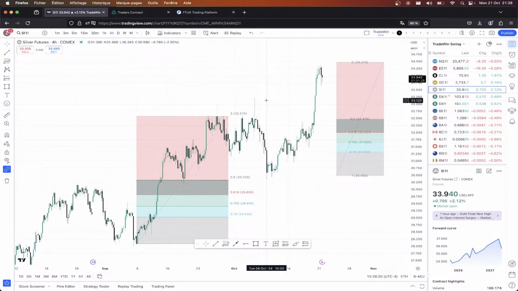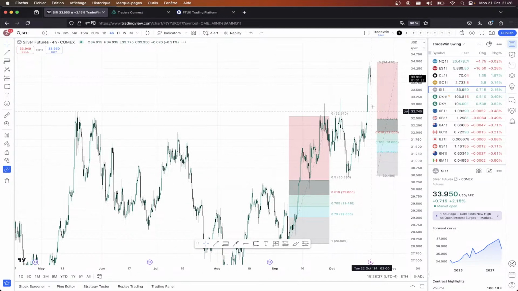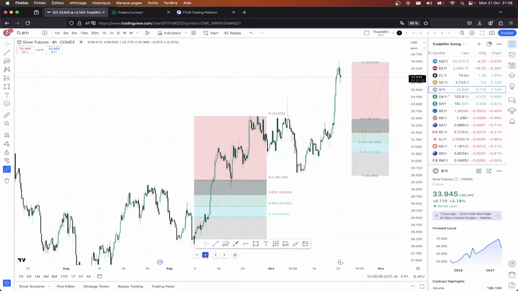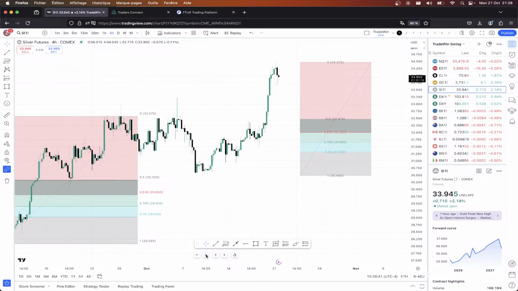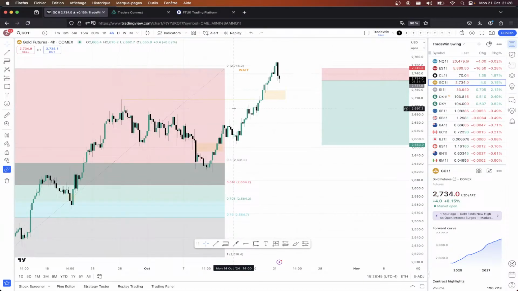So what I see here, silver futures going absolutely nuts. That's fine. We are going really up. So what am I doing here? Well, nothing. We are clearly in uncharted territory.